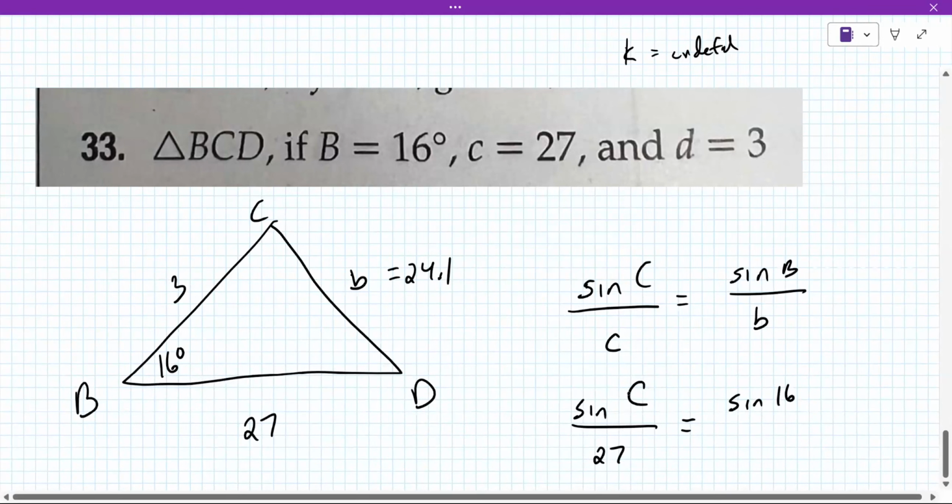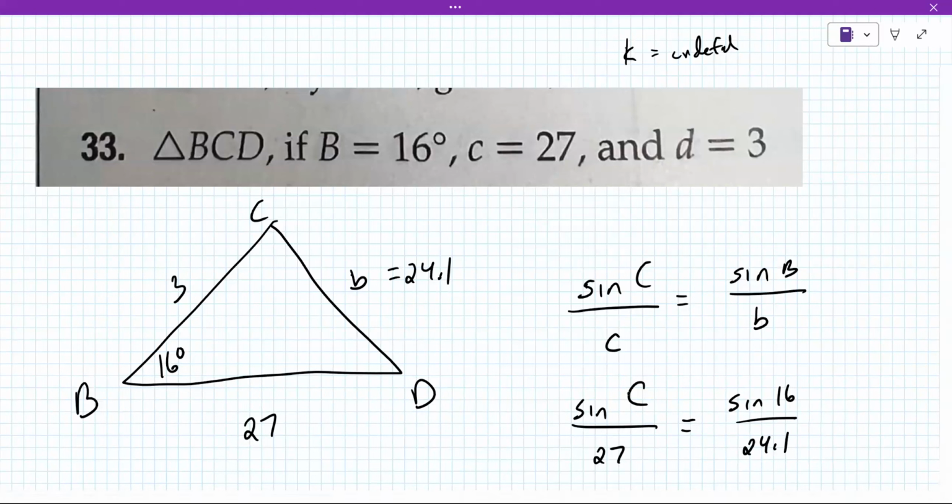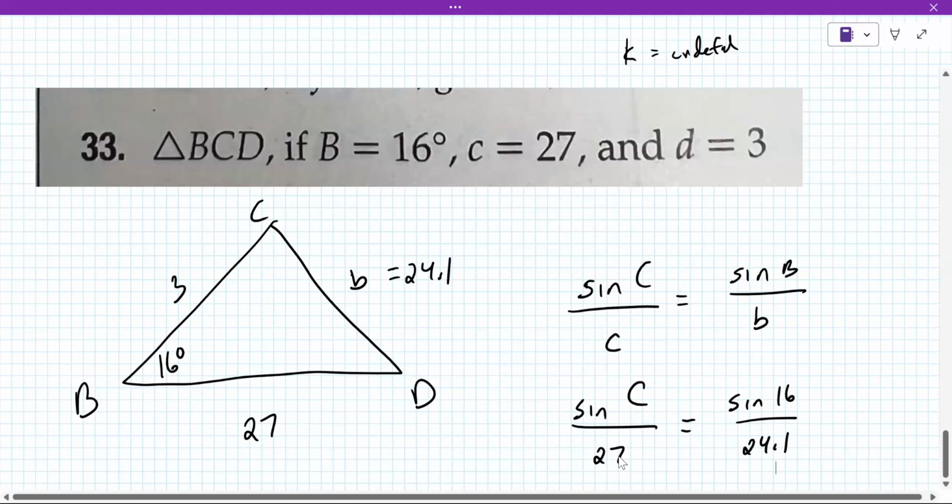Big B is 16, little b is 24.1. Okay. So then you have to multiply 27 by both sides. Yeah, multiply both sides by 27.